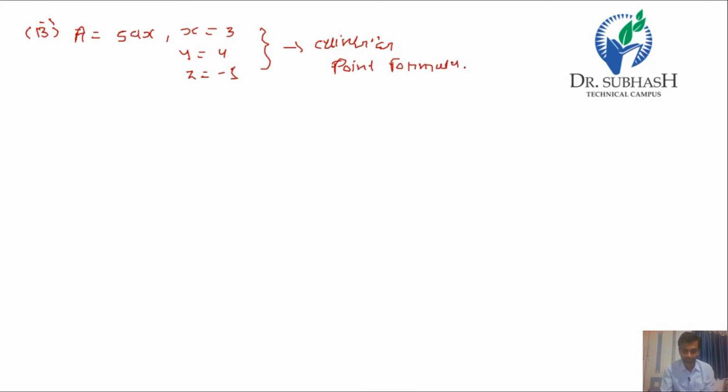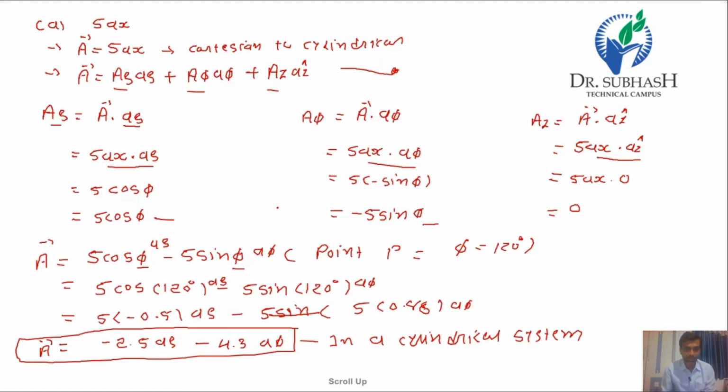But if we mark the answer of A, we have seen that we require only the φ quantity, because in A and B both have the same vector, ρ cos φ in the ρ direction minus ρ sin φ in the φ direction.